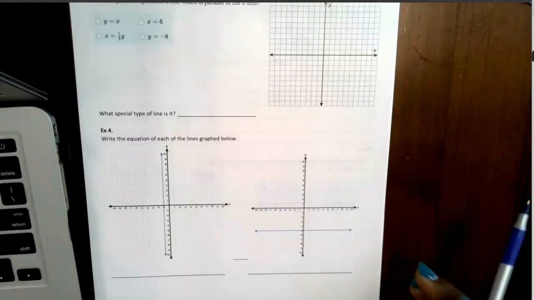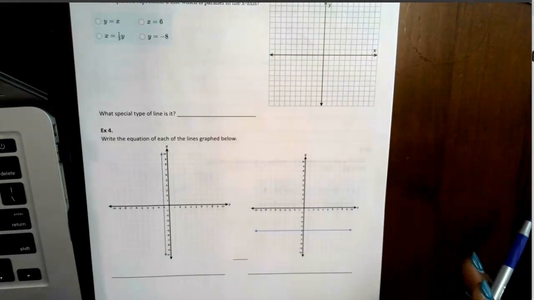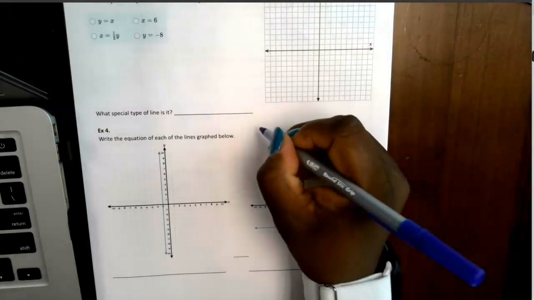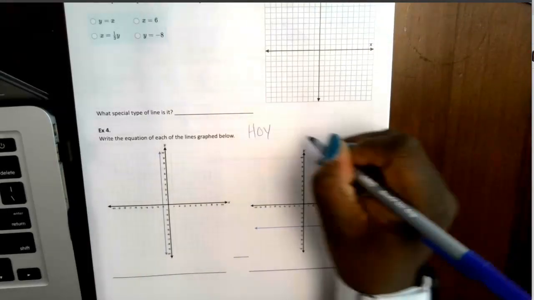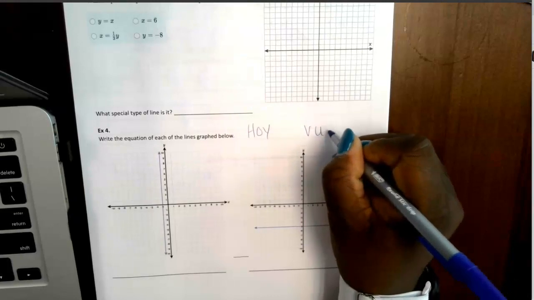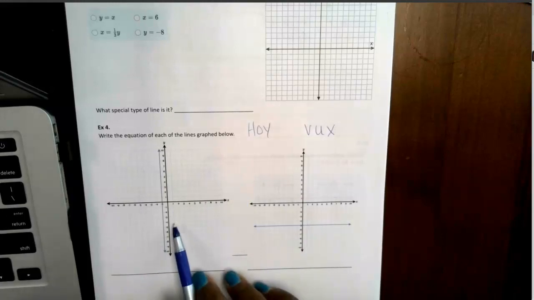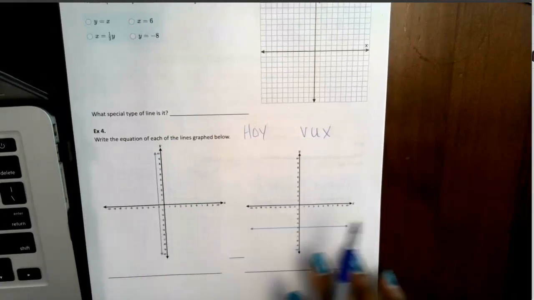Now that you've done questions 2 and 3, let's go to question 4. If you use the two terms that I gave you, HOY and VUX, this really helps you when you're looking at a graph to figure out what it is. This one right here would be a vertical line because it's going up and down.